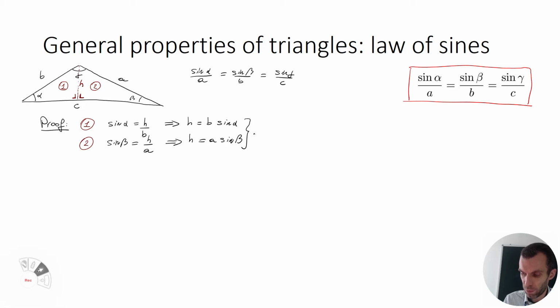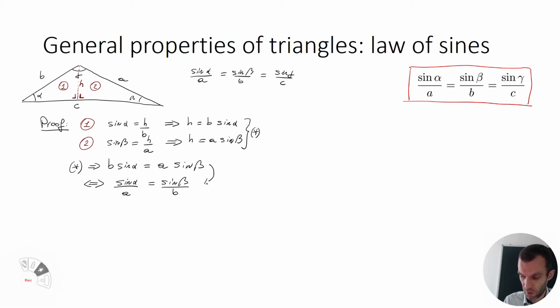Now if I put these two together and eliminate h, I find that b sine alpha is equal to a sine beta. And now if I divide both sides by ab, I get sine alpha divided by a equals sine beta divided by b.